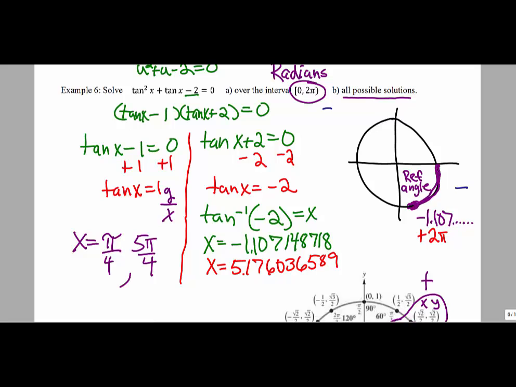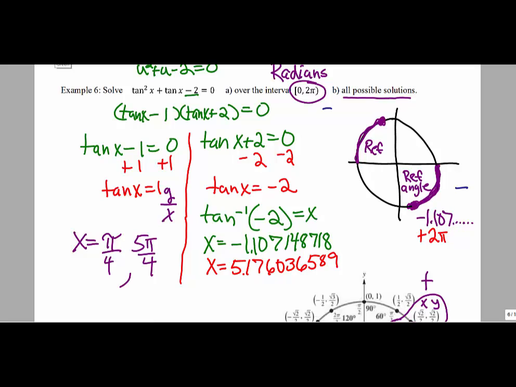And we want to go the same amount from the x-axis into the other quadrant where tangent is negative, also into quadrant 2. So we're going to go up that same exact amount and determine what angle this is in quadrant 2. So we're going to use that same reference angle of 1.107, and we're going to go that amount from the x-axis into quadrant 2. And we want to figure out what that angle is.